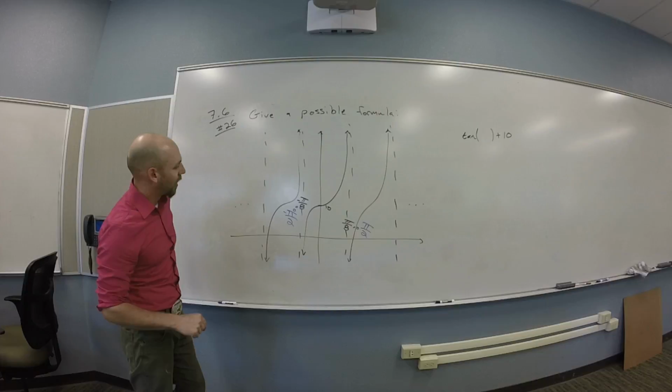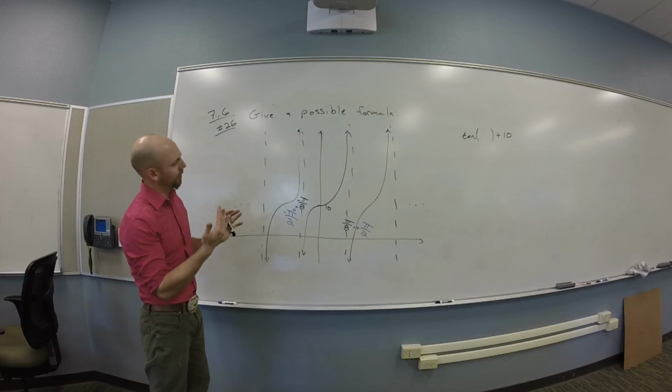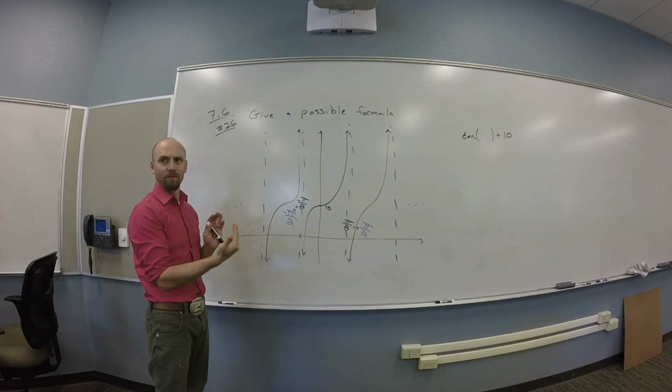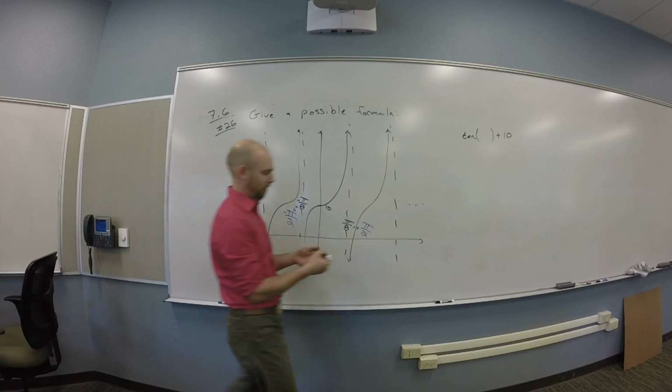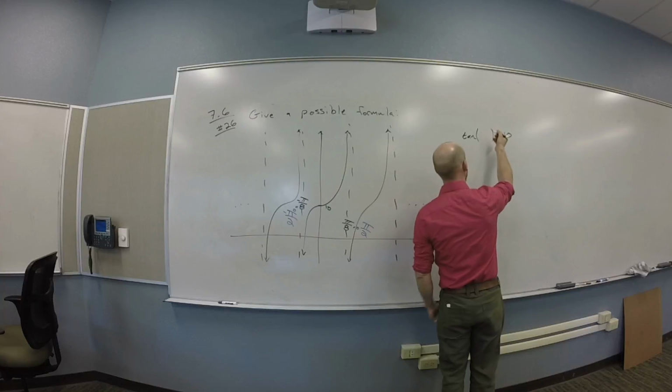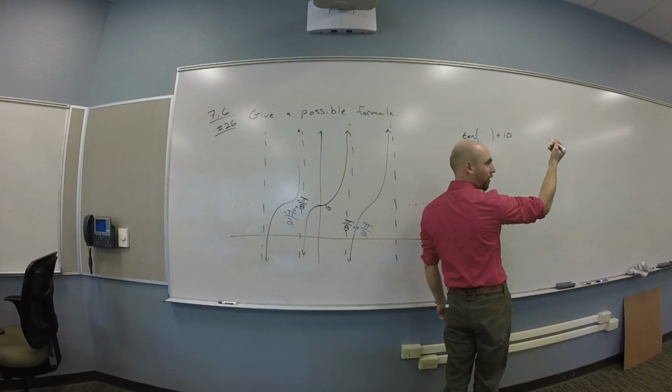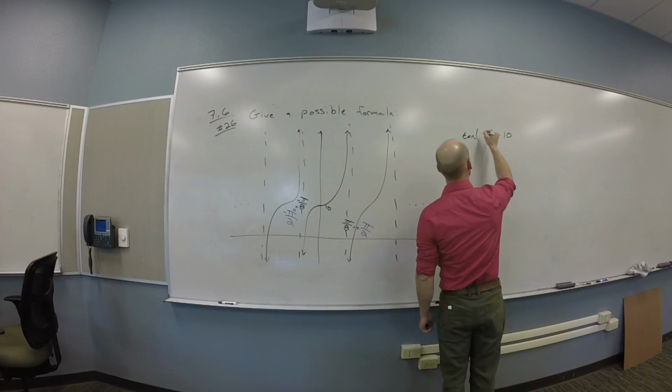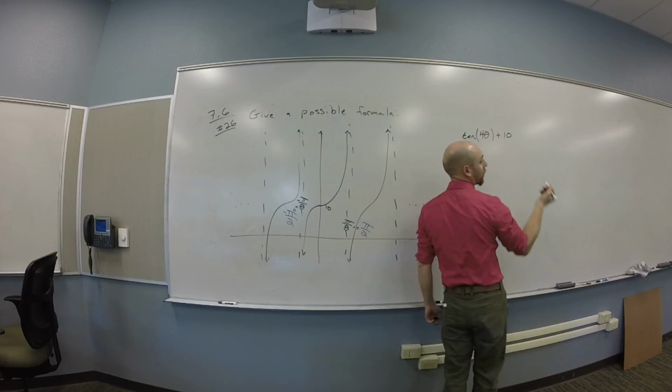So let's see. I want to squish by a factor of 4, so I put a 1 over 4. It's either a 4 theta or a 1 over 4 theta, right? So how do I check which one it is?